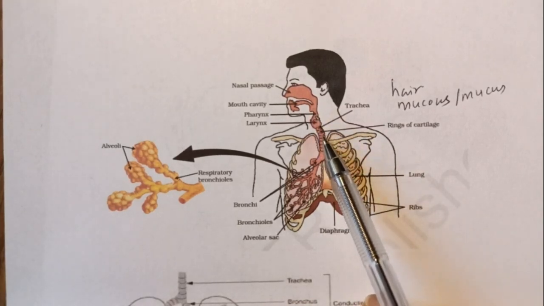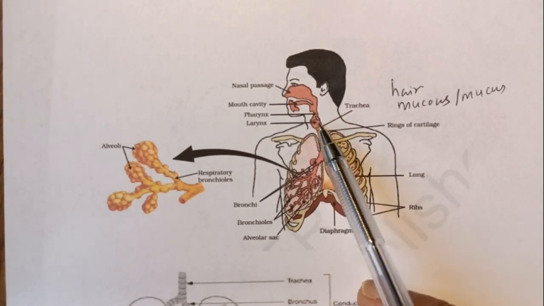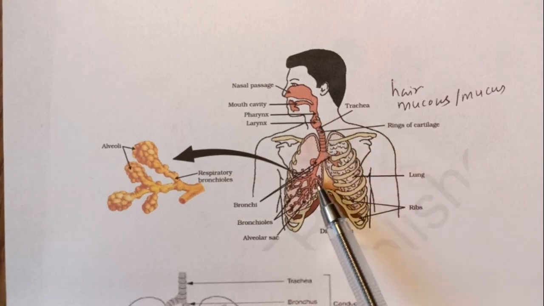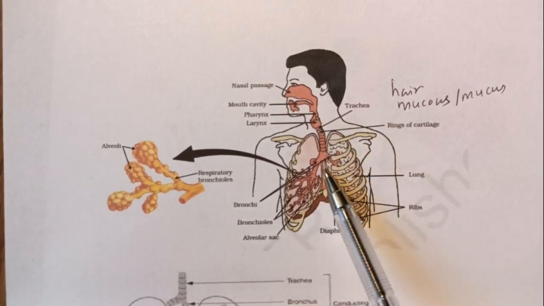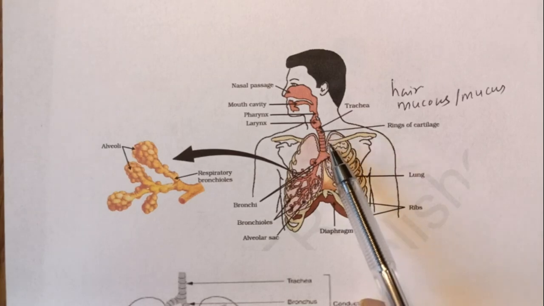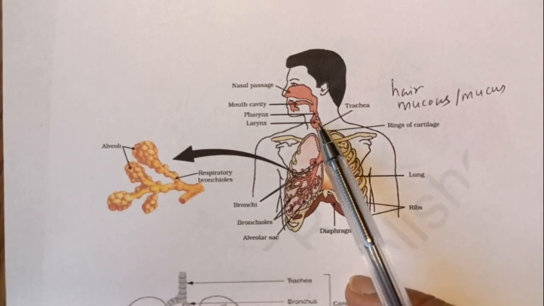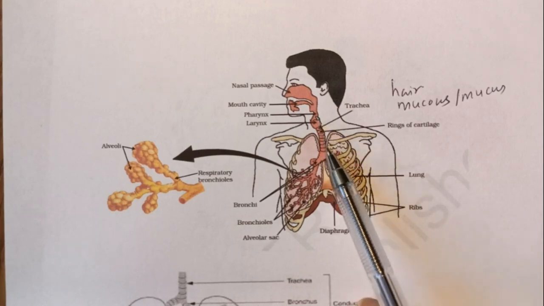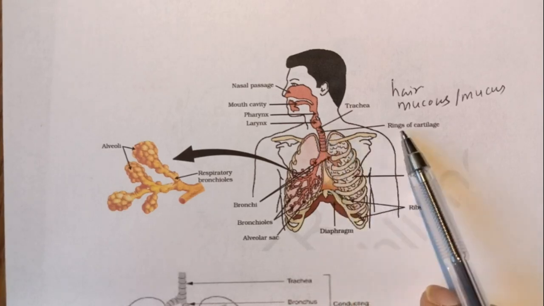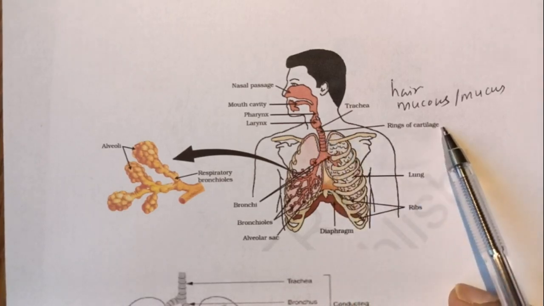The trachea also extends into the chest. What is the trachea? It is the tube, the passage that carries air between the pharynx and larynx on one side and the lungs on the other side. And what does the trachea contain? From inside, it is lined by a delicate mucous membrane, and then it is surrounded by rings of cartilage.